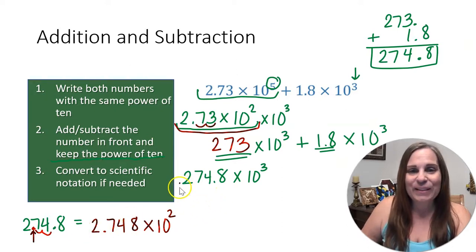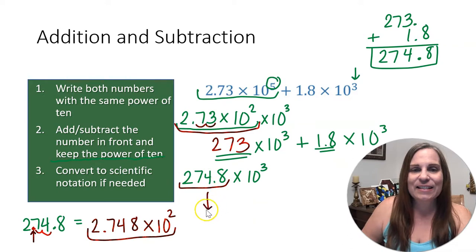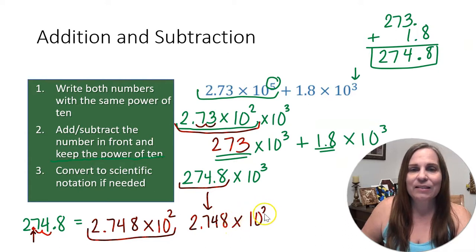Now I'm going to replace this number with this number. And I have 2.748 times 10 to the second, right? That's my whole number that I just got.